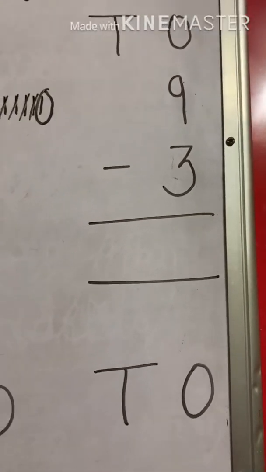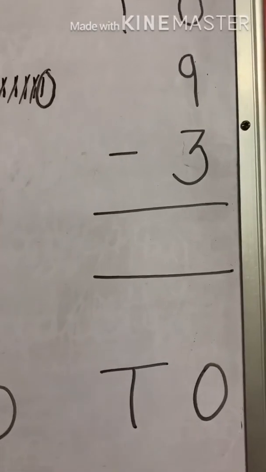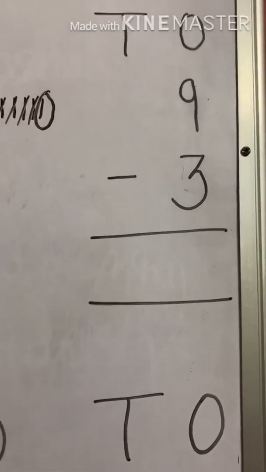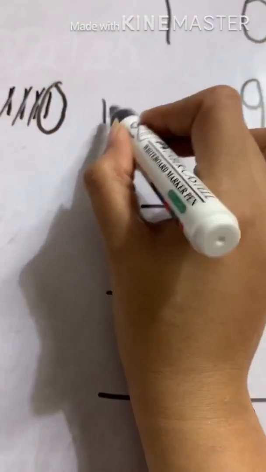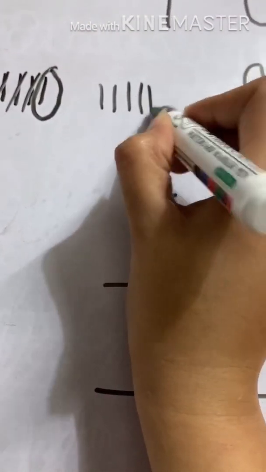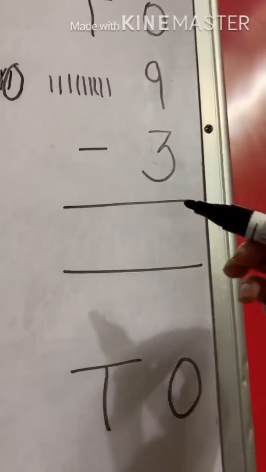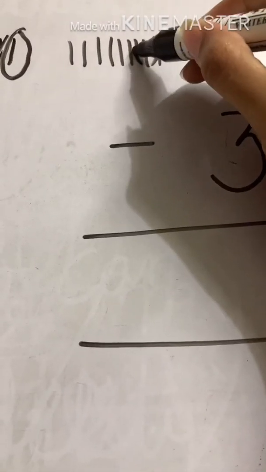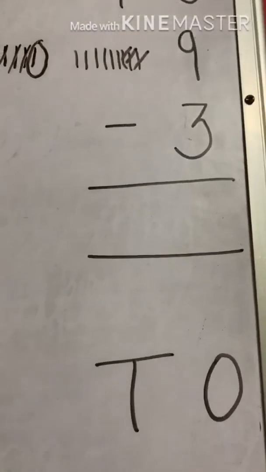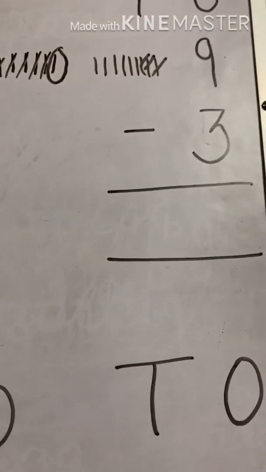Let's do the next one. Here I have written 9 minus 3. Oops, I have very little space, so I will be drawing lines here this time. 1, 2, 3, 4, 5, 6, 7, 8, 9. I have drawn 9 vertical lines here. And how many lines will I cross? 3. So let's cross those lines. 1, 2 and 3. I have put a cross on 3 lines.